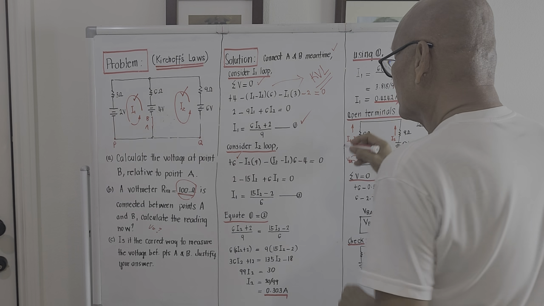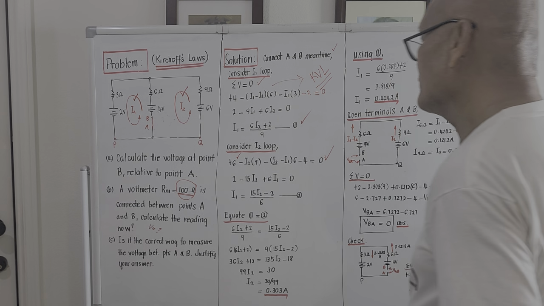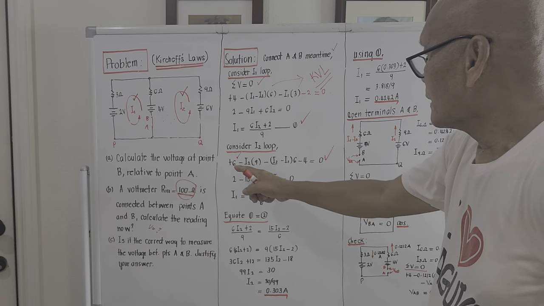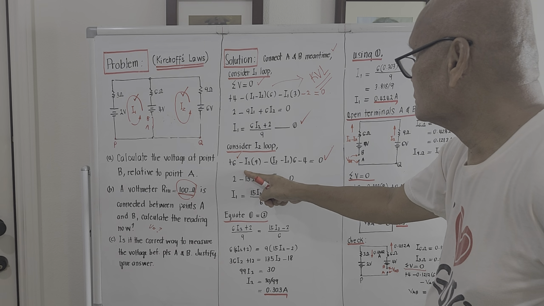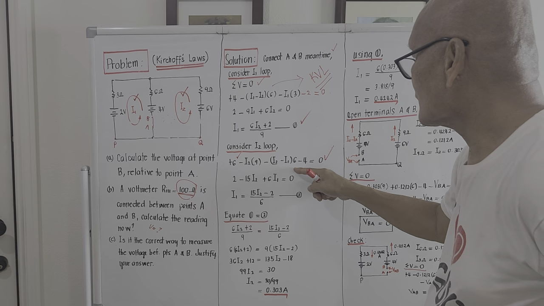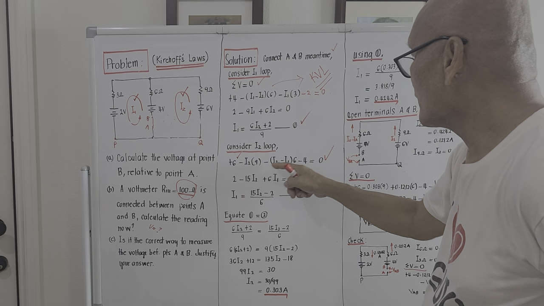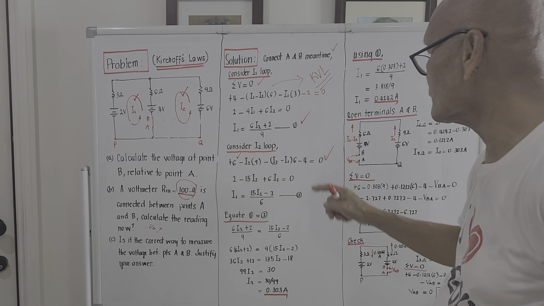And this should be equal to 0. If we simplify, 6 minus 4 will be 2. This is 9 I sub 2, this is minus 6 I sub 2, that will be minus 15 I sub 2. This is a minus I1, so it will become plus I1 multiplied by 6, and this should be equal to 0.